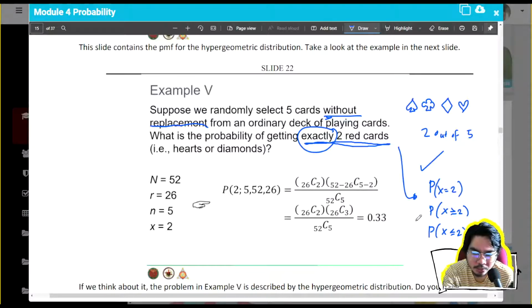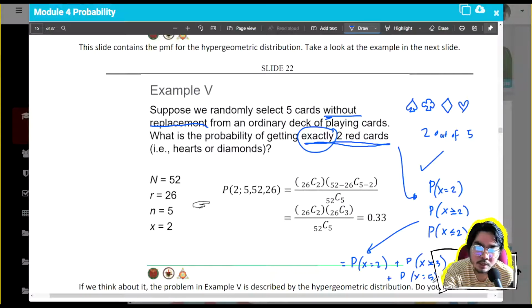For example, the probability of X greater than or equal to 2, since we have 5 elements, is just equal to the probability of X equals 2 plus the probability of X equals 3 plus the probability of X equals 4 and the probability of X equals 5. And why do I add the probabilities? It's because essentially this is an OR statement.